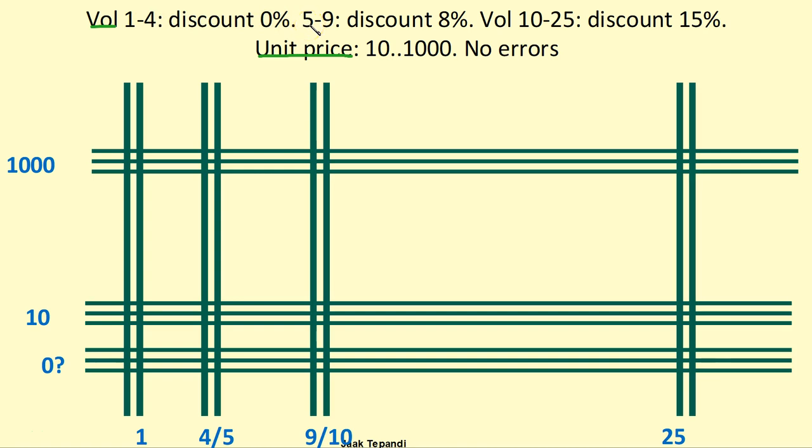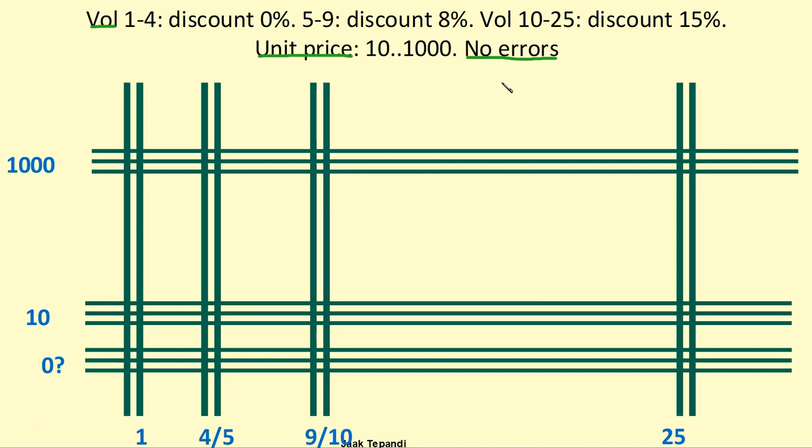From 5 to 9, discount is 8%. For volume from 10 to 25, discount is 15%. We consider no errors, so consider only values inside these boundaries given.